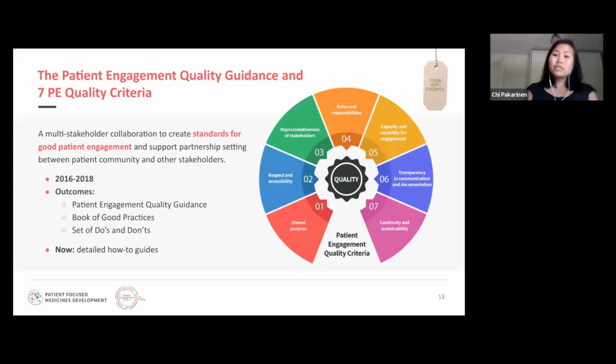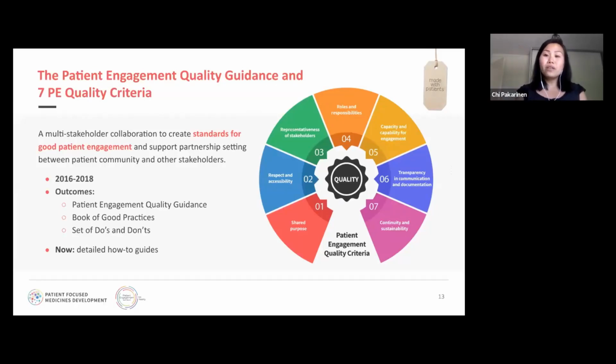For this work specifically, we built on top of something that was created a couple of years ago in a multi-stakeholder environment as well. It's called the Patient Engagement Quality Guidance, that really sets the standards for good patient engagement.